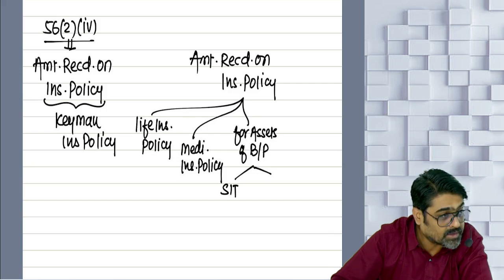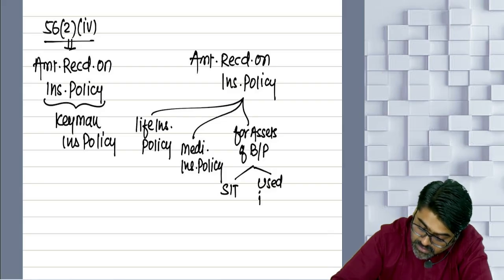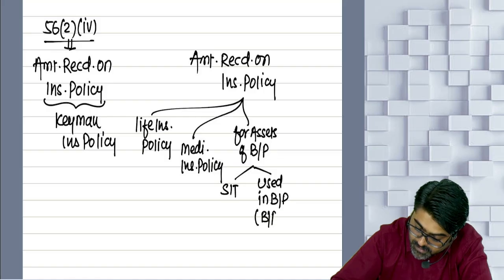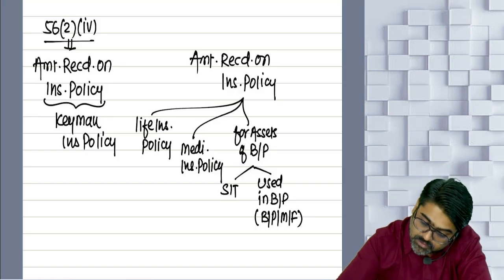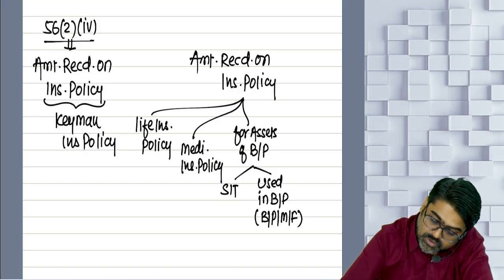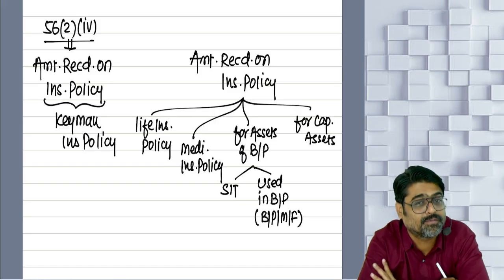Stock in trade in the business. Or that asset was used in business or profession, just like building, plant, machinery, furniture. Yes or no? And insurance amount received on insurance policy taken for capital assets, other assets.